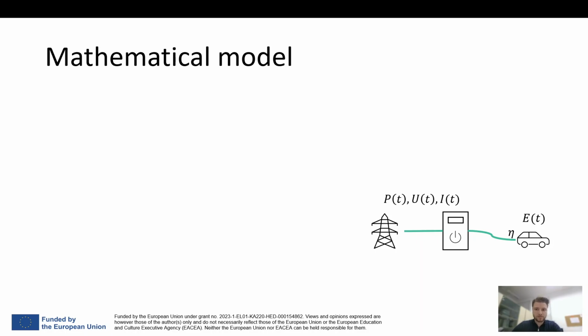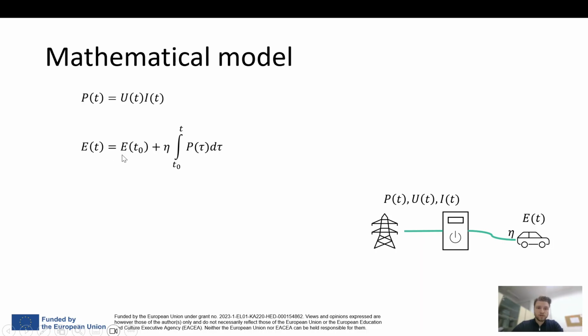We take into account the power, the voltage, the current, the efficiency, and the energy that is stored in the battery. Of course, we have the power calculated as voltage multiplied by current, and we introduce this equation to represent the energy that is accumulated in the battery at a point in time t.